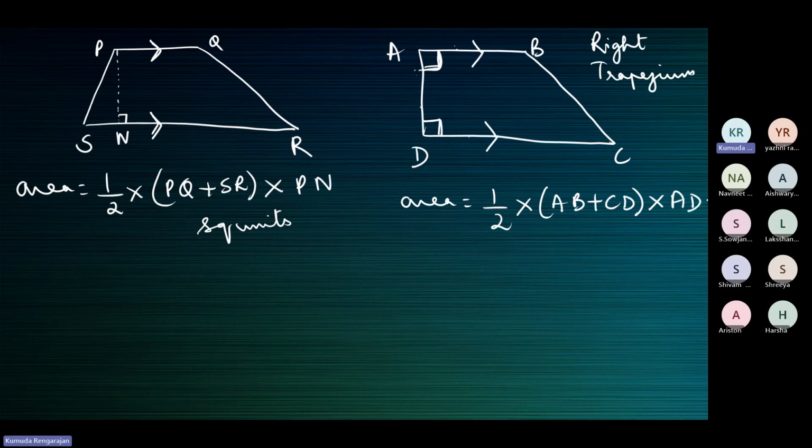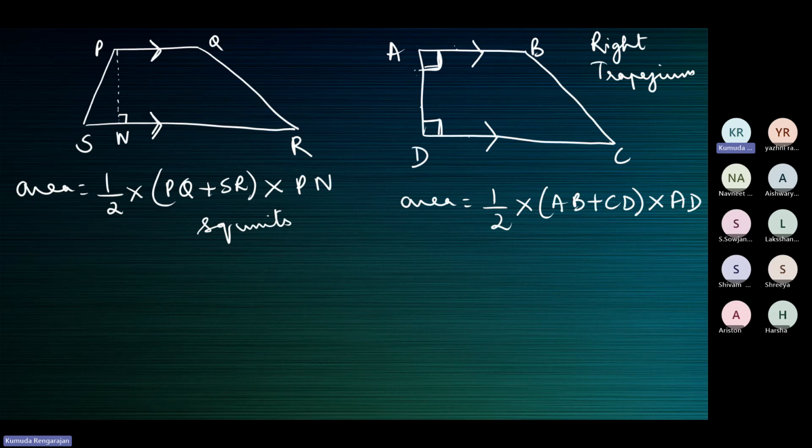You don't need another special perpendicular, like in the case of PQRS. In the case of PQRS, you need to know the perpendicular distance between the parallel sides, PN. But here you don't have to know another line segment which is the perpendicular distance.